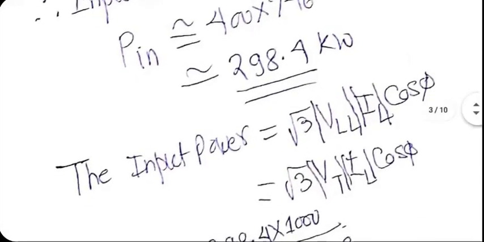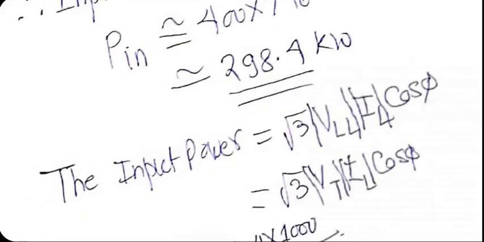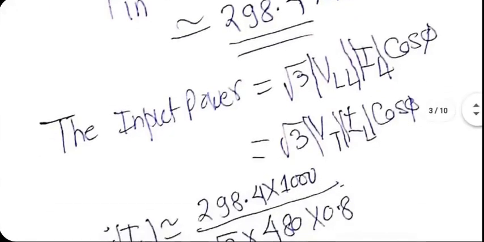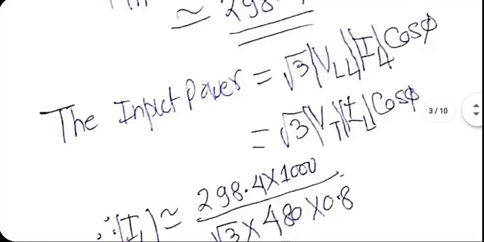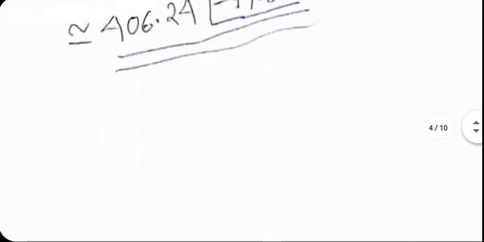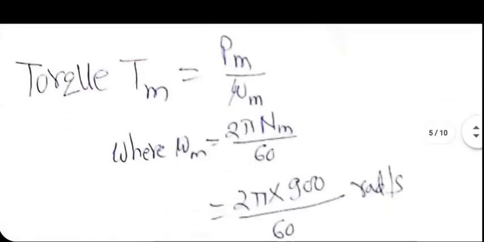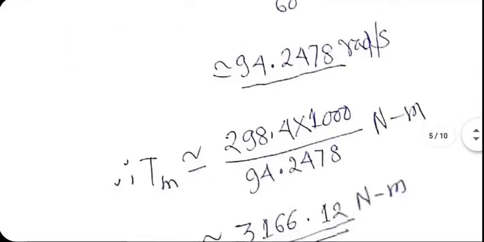Maximum power will be happening when cos phi is 1. So square root of 3 multiplied by Vt multiplied by IL. Okay, and you have all the values with you. So use that formula to get the maximum possible power output of this motor.